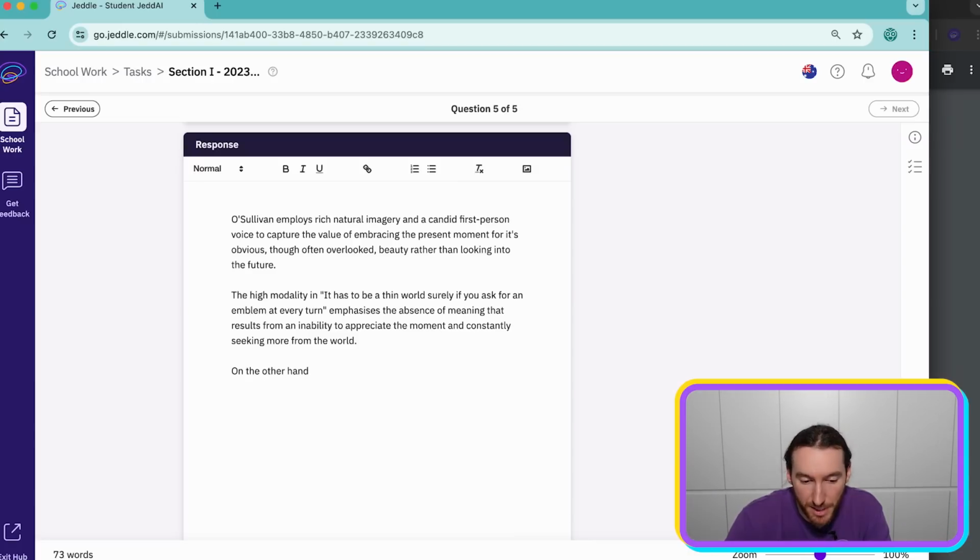So this is, on the other hand, because the first line was about the bad that can happen, this is about the good.